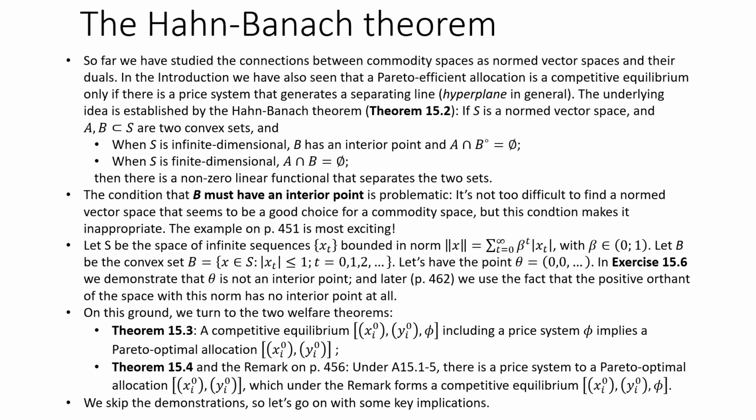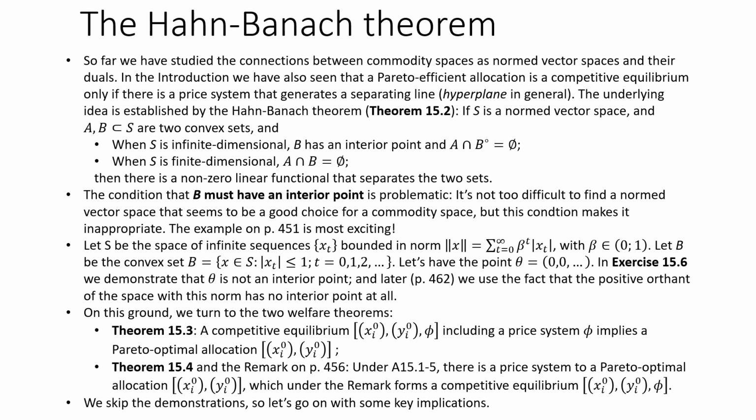Let's have S as the space of infinite sequences bounded in the following norm, and let's have the infinite dimension unit ball around the 0 point. Let's have the 0 point, and in exercise 15.6 we can see that the 0 point is not an interior point, because, okay, we will see it in detail very soon.